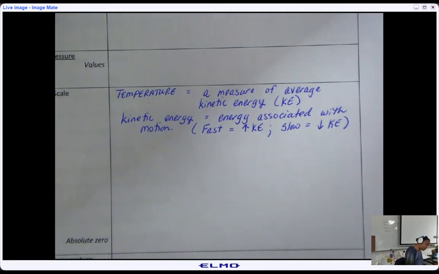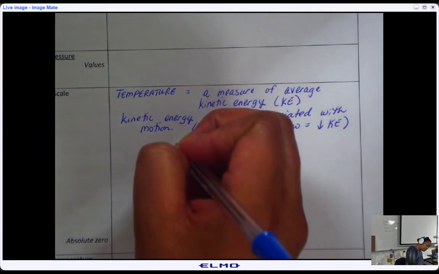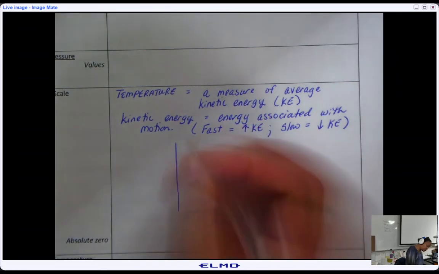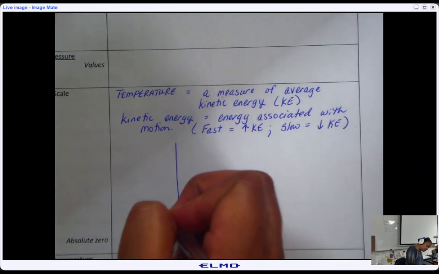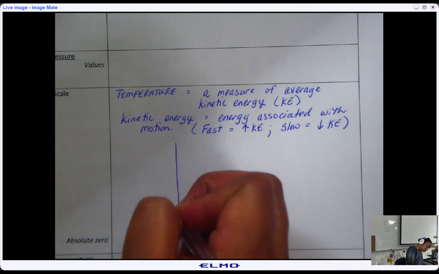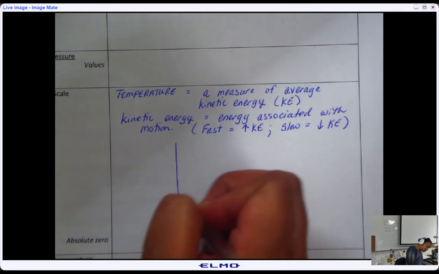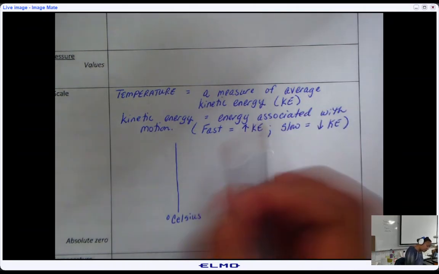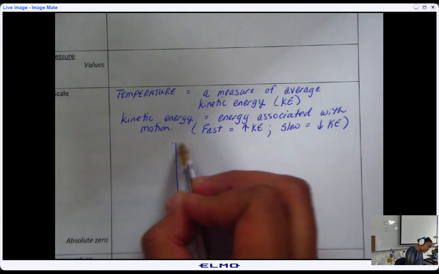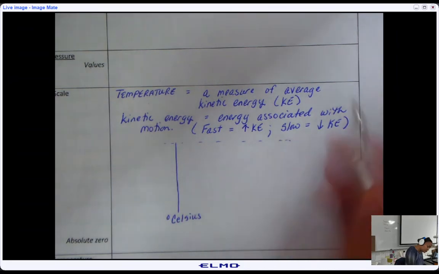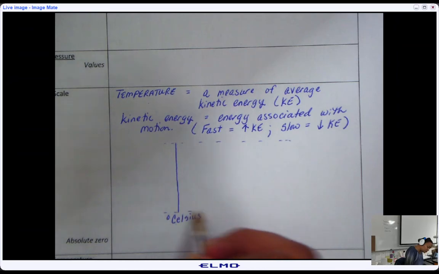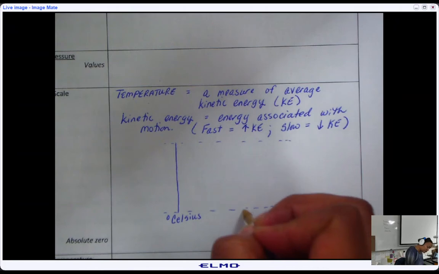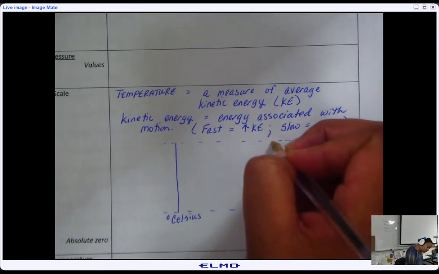There are three temperatures you need to be familiar with. So let's say this one's the Celsius scale. So this is in Celsius, and I'm just going to draw a line to represent the thermometer. And then we also have the Kelvin scale. Those are supposed to be horizontal. So the Kelvin scale will be here.